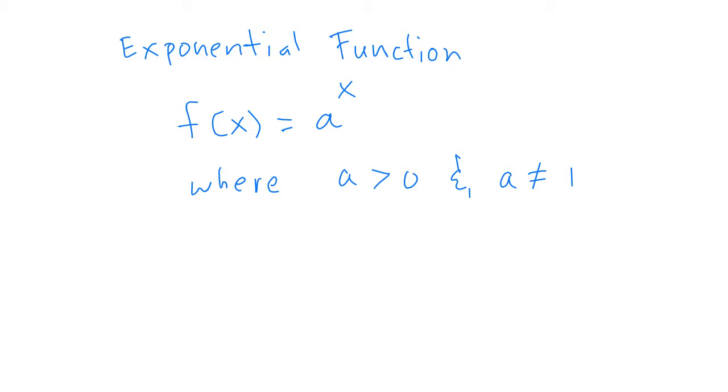So what happens if a is equal to 1? That will give you a horizontal line, not an exponential curve. If you have a is equal to 0, that's undefined. For the values going to the left of the x-axis, going to the right, it gives you a horizontal line for positive values for x.